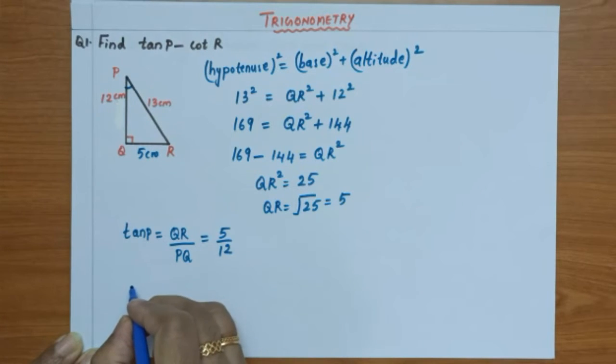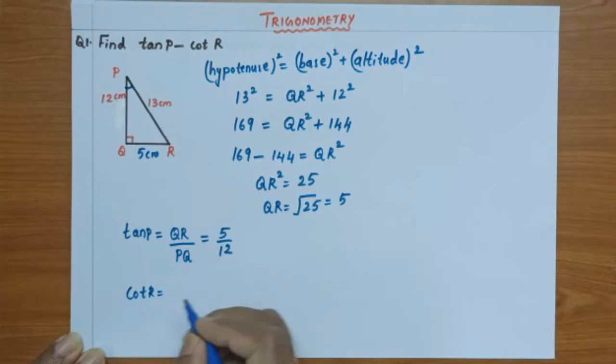Now we have to find out what is cot R. So cot R equal to, that is opposite to tan.